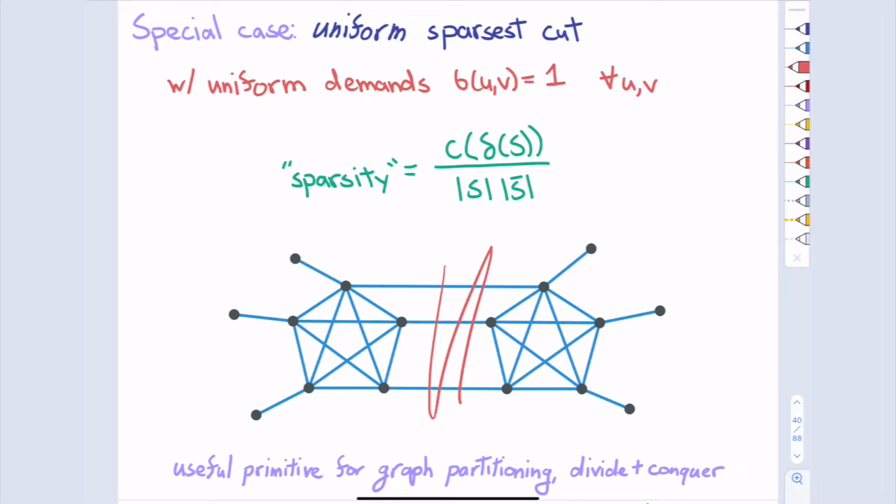But in the graph partitioning problem, each side has to have at least n over 10 vertices or something, at least a constant fraction of the graph. That's a very natural thing you might want to do. You have a big data set, you want to split it up, and you don't want to delete too many edges. So one algorithm is to just keep doing sparsest cut.